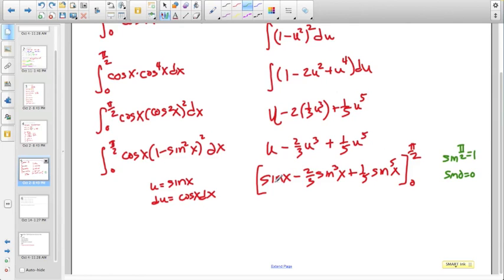So at pi over 2, we've got the sine of pi over 2, and then we've got minus 2/3 sine cubed of pi over 2.